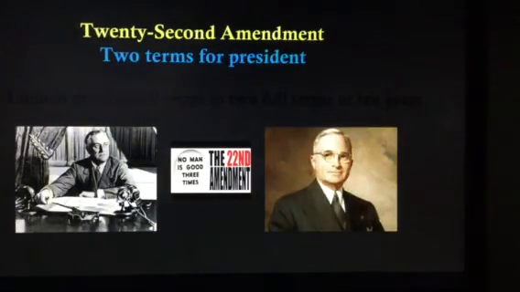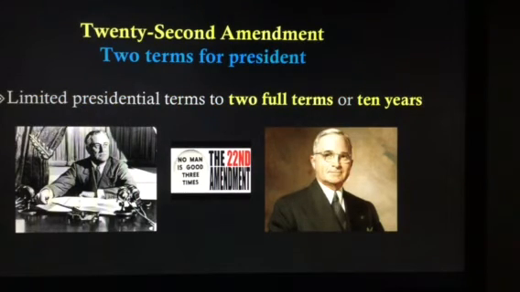22nd Amendment. This was the amendment that limited by Constitution the president to 2 terms, or 10 total years. Previous to the 22nd Amendment, which was in the early 1950s, there were no constitutional provisions on how long a president could serve.